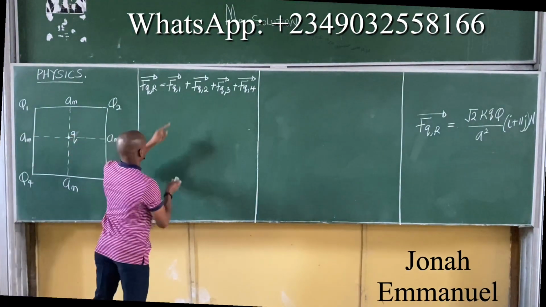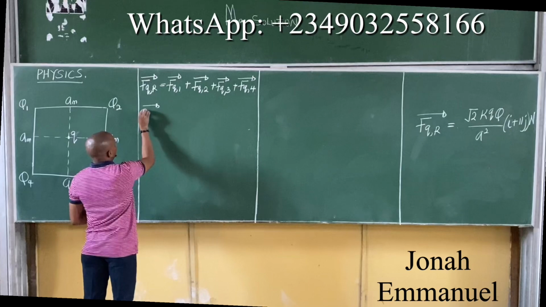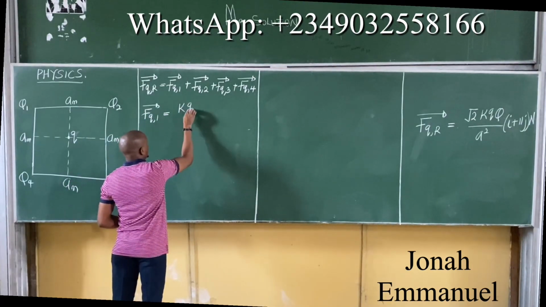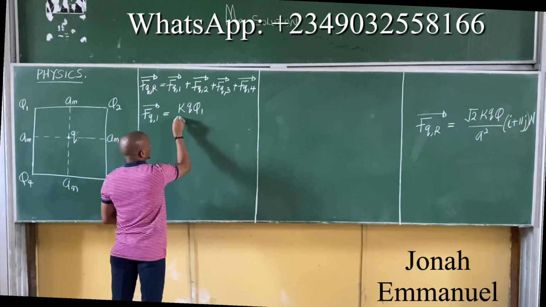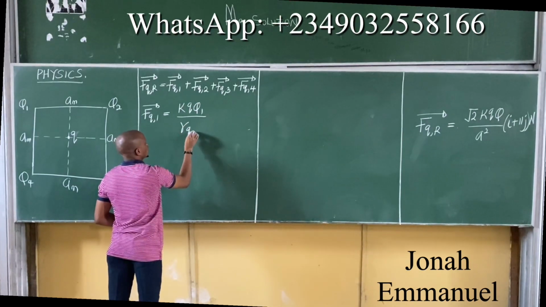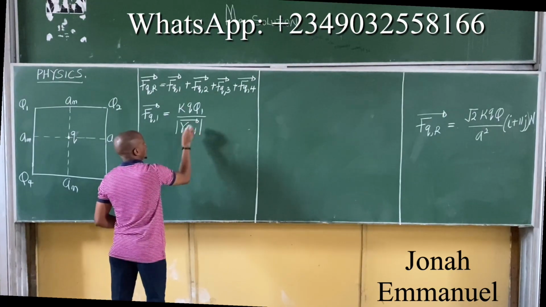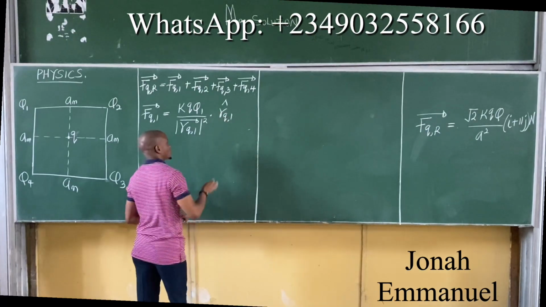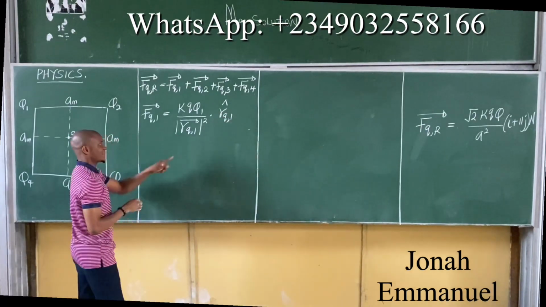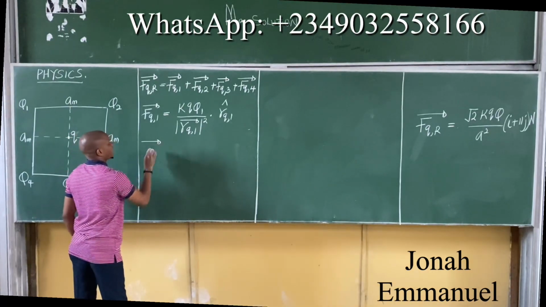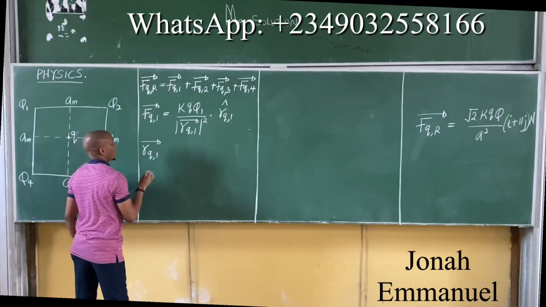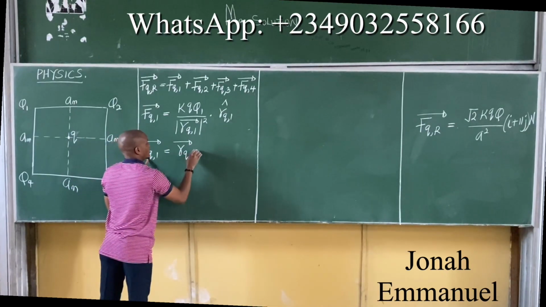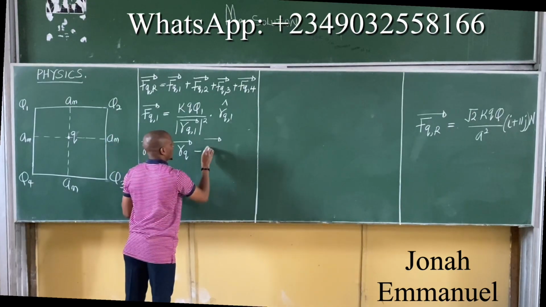Let's start with F_Q1. From Coulomb's law, we know that F_Q1 is equal to K Q Q1 all over the magnitude of R_Q1 squared, times the unit vector of R_Q1. First, let me get the position vector R_Q1, which is equal to R_Q minus R1.